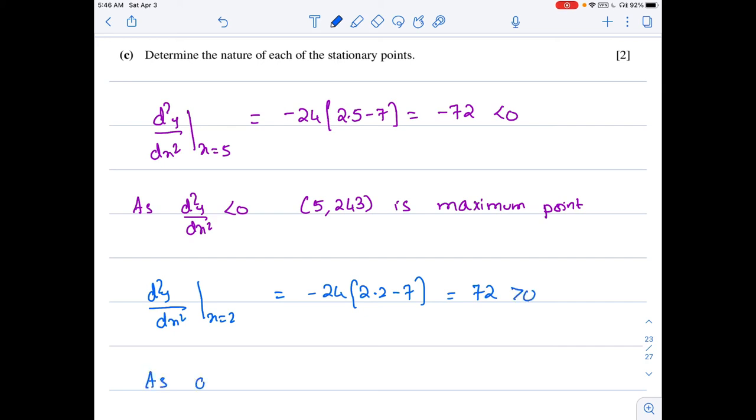Therefore, as d square y by dx square is greater than 0, 2 comma 135 is a minimum point. This is going to be the answer.